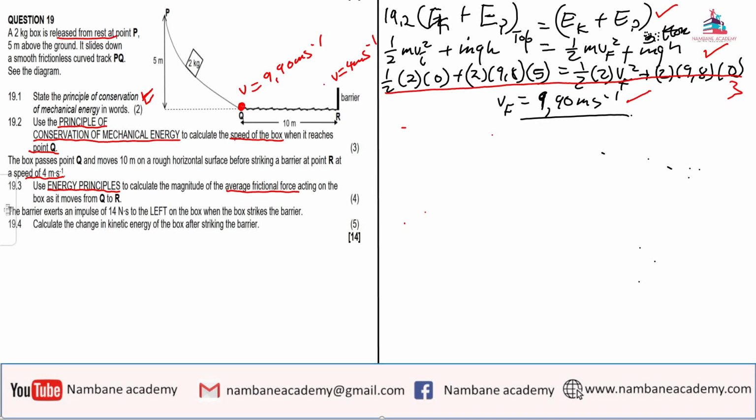So on the previous one, I used work done by NC. In this instance, I'm going to use the work energy theorem. But remember what we said. When the object comes here at the 2 kg, we must draw that free body diagram for 2 kg, even though the examiner did not ask.